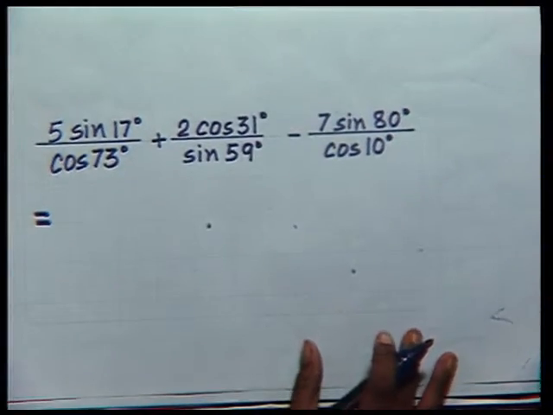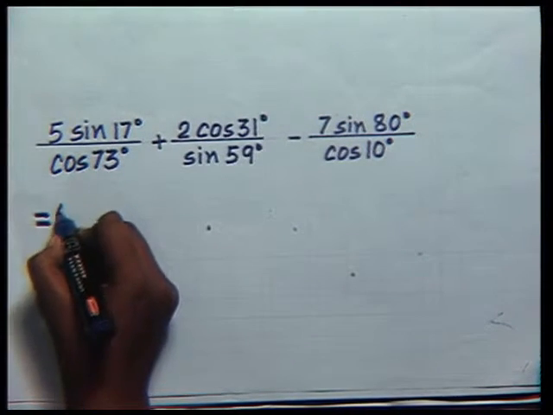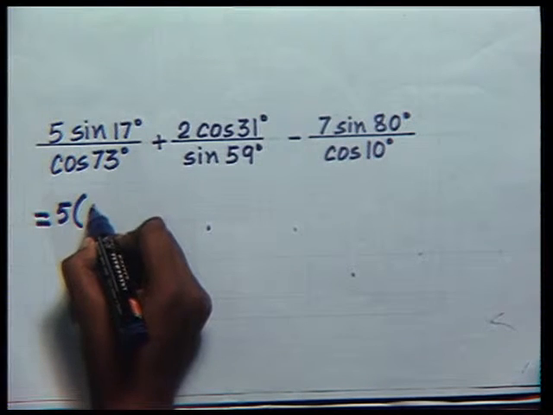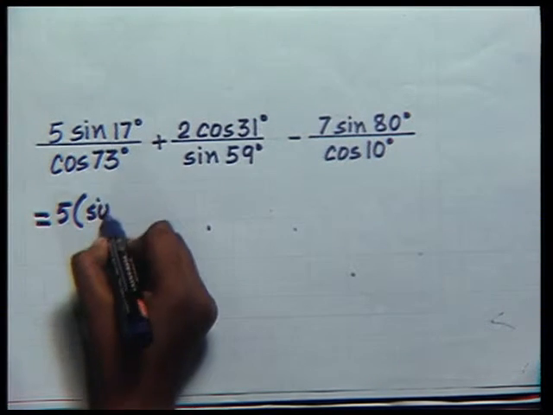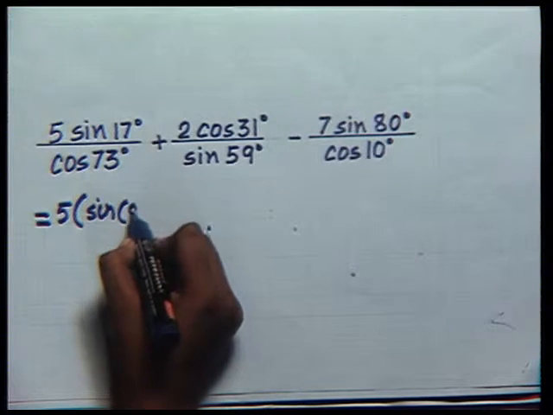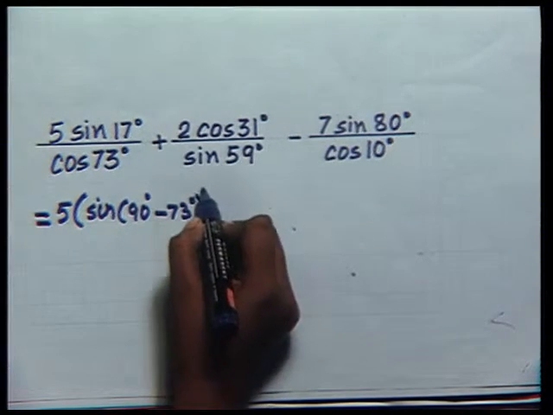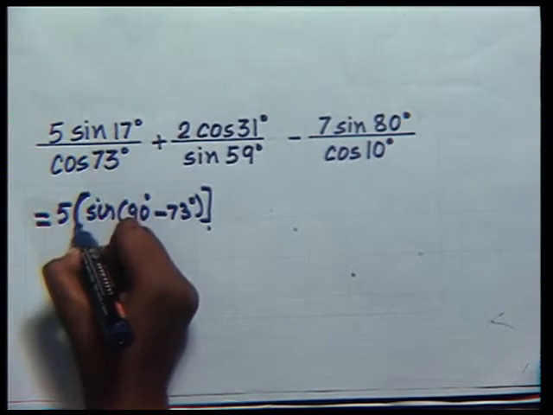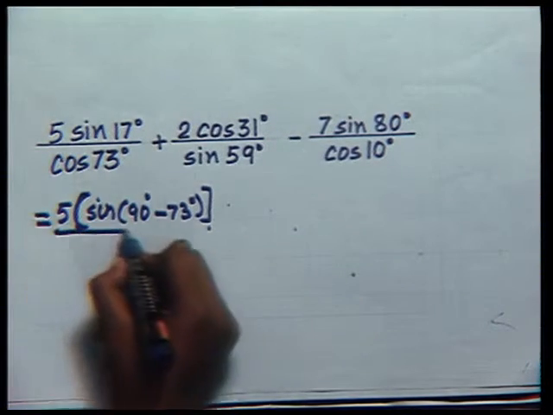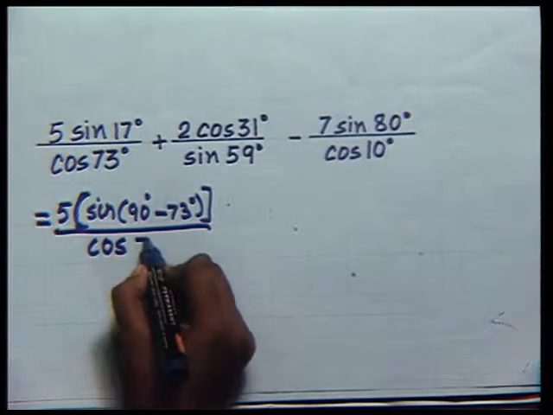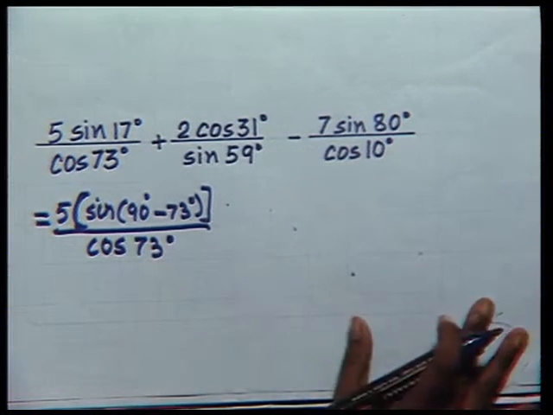Now, this expression can be written as 5 times sin 17 can be rewritten as sin 90 degree minus 73 degree upon the denominator kept as it is, that is cos 73 degree.